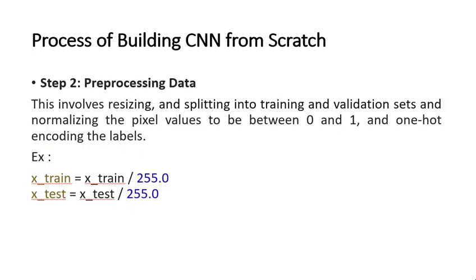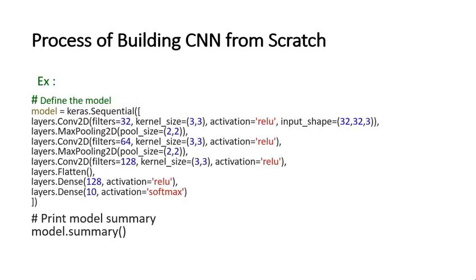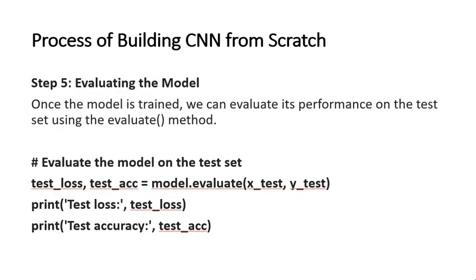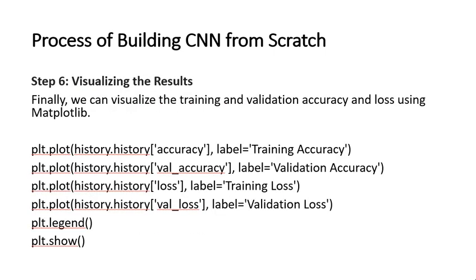Step 1, step 2 pre-processing, step 3 model building, step 4 compilation, step 5 training, evaluation, and visualization, along with confusion matrix printing, and the performance metrics also we need to print, and we can save.